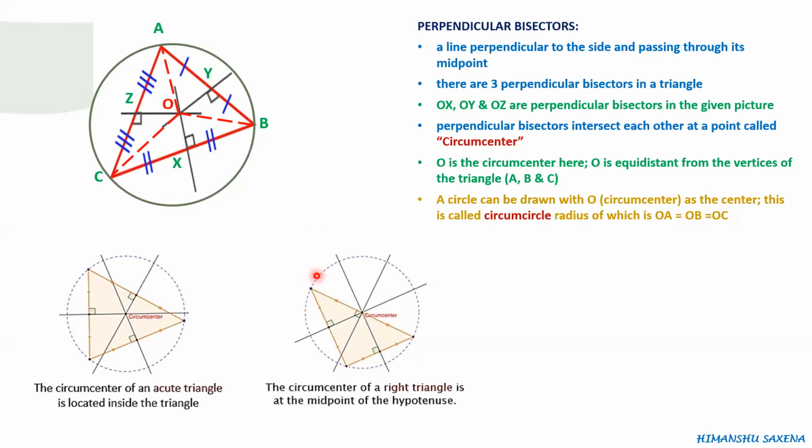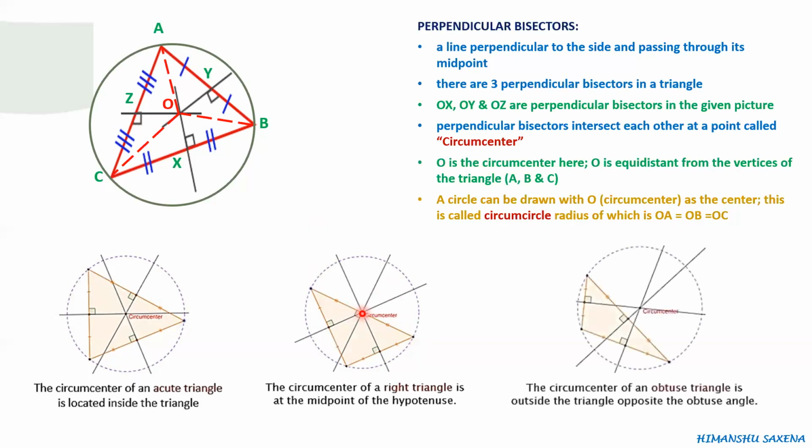This is a very important result, and it is also asked in many exams. In case of an obtuse triangle, the circumcenter lies outside the triangle, and it is opposite to the obtuse angle.